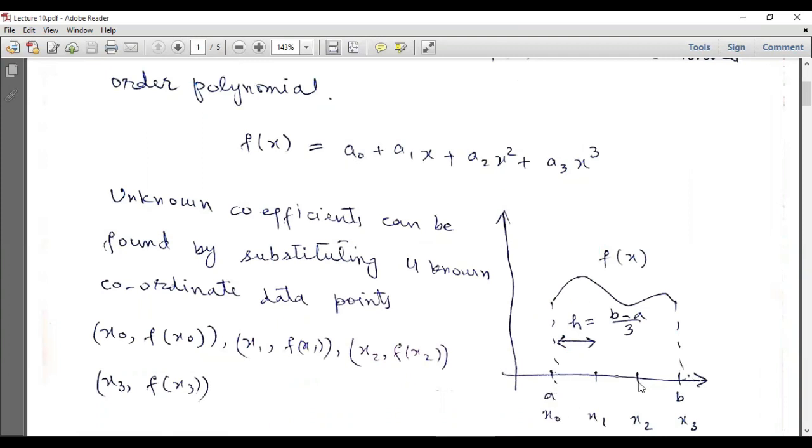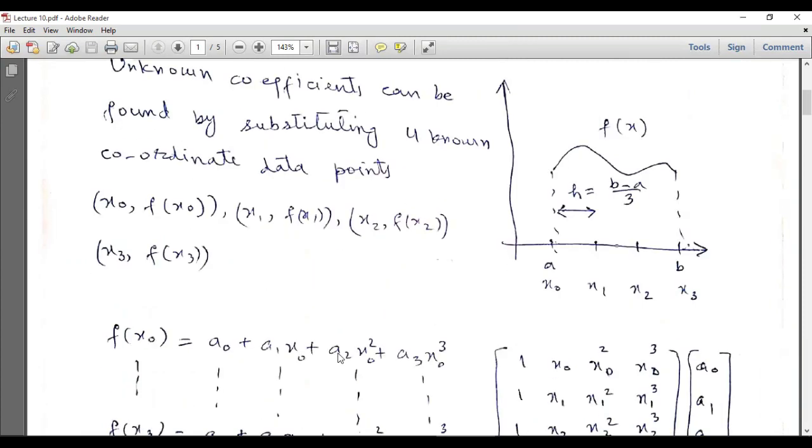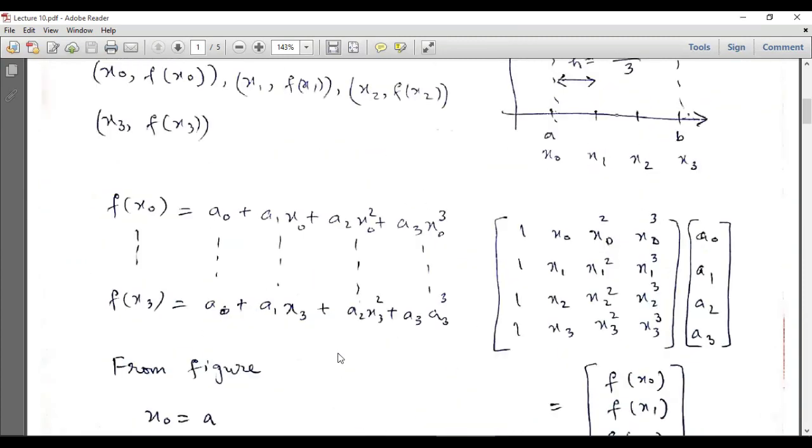We have 4 points, so we will have four equations, and those four equations can be solved simultaneously to evaluate these four unknown coefficients, which won't be too different from what we discussed for Simpson's 1/3 rule. So this is our f of x0, f of x1, f of x2, and f of x3.